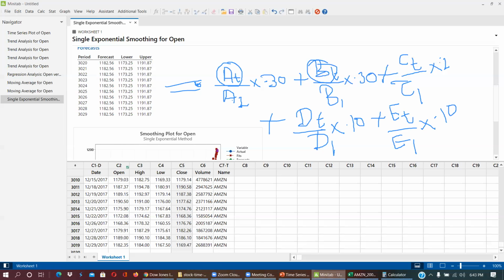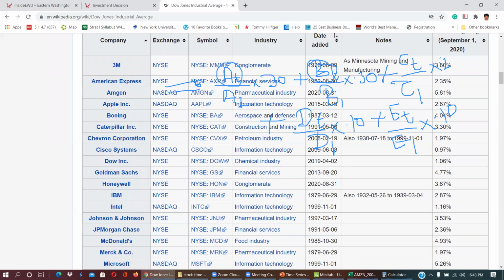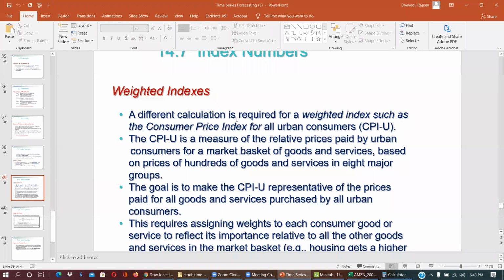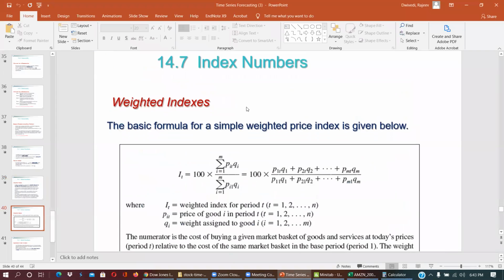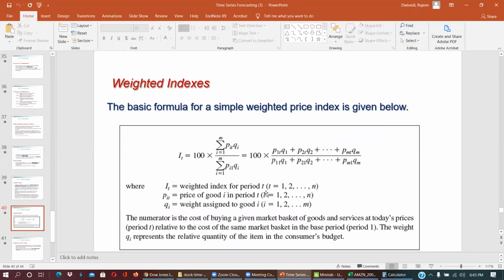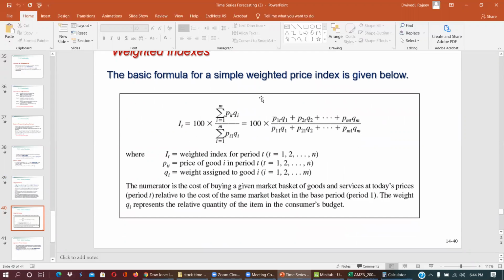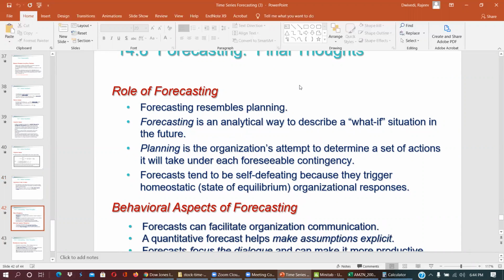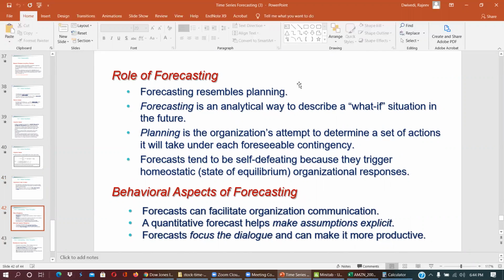So basically this is the way to do a weighted index: the price for the period, and the weight assigned to the good. As for the importance of index numbers, you can understand everything has been indexed, the happiness index, the competitive index.